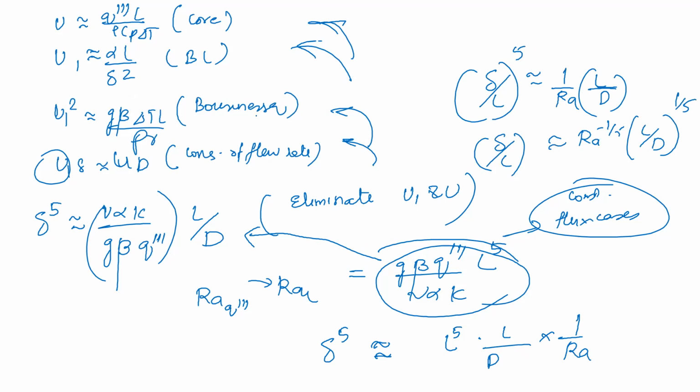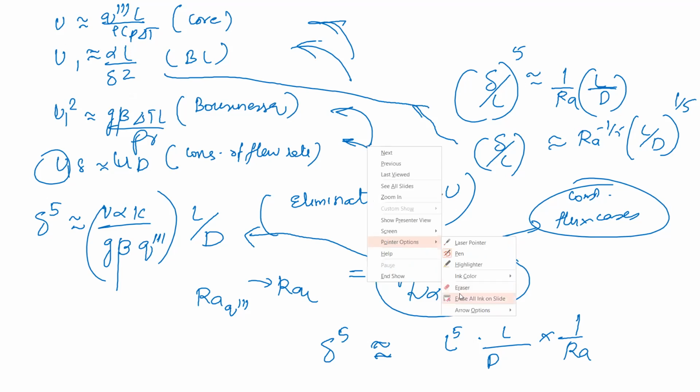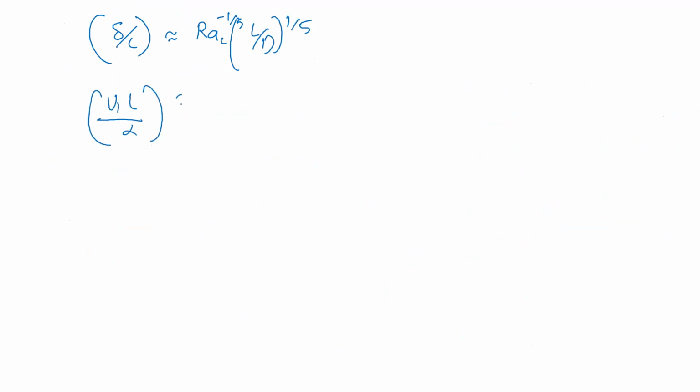Now we can use this delta by L value in this expression. So from the first expression, delta by L scales with RAL raised to minus 1 by 5 into L by D raised to 1 by 5. Then U1 into L by alpha scales with RAL raised to 2 by 5 into L by D raised to minus 2 by 5.